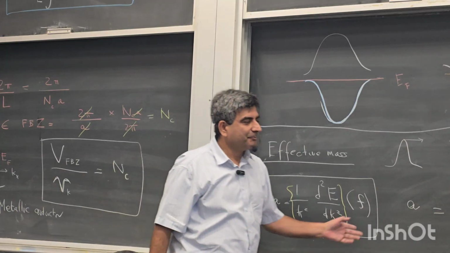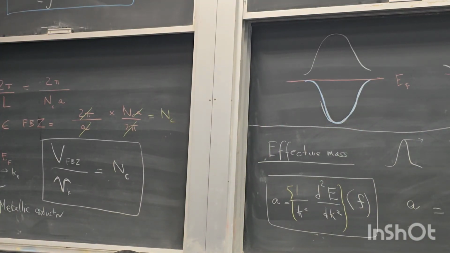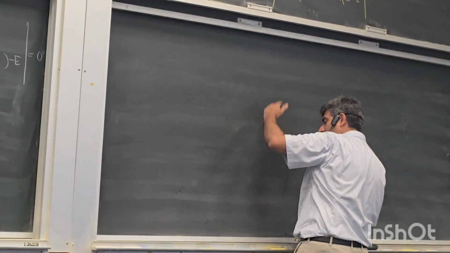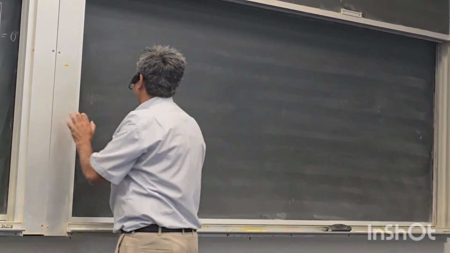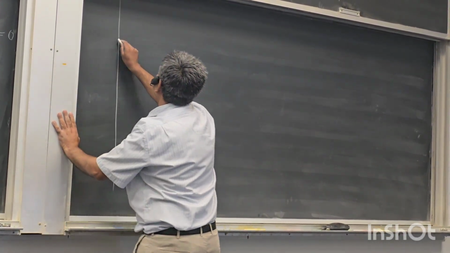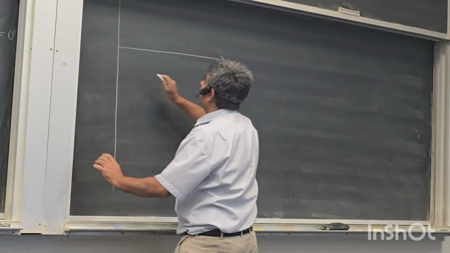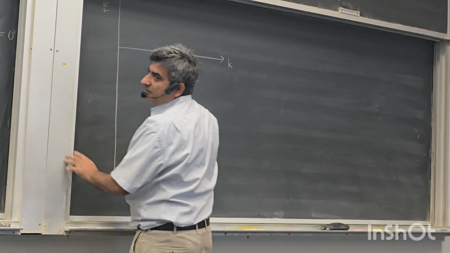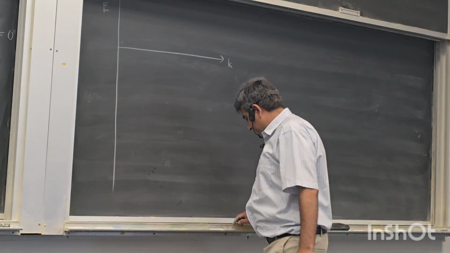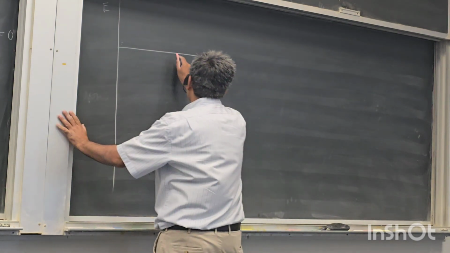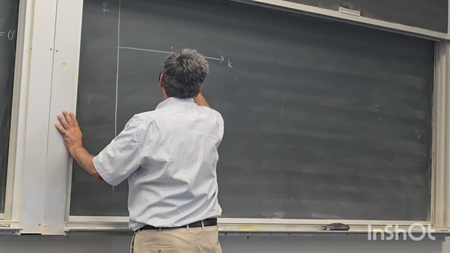Okay, so let's plot this for a one-dimensional case. This is our pi over a.